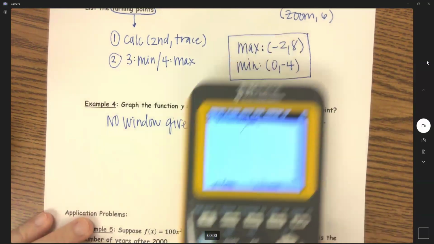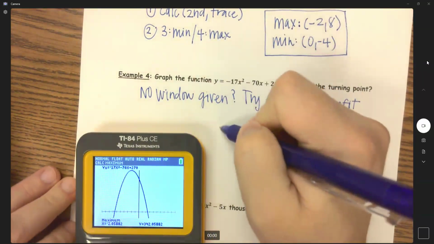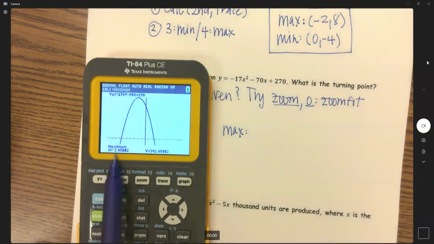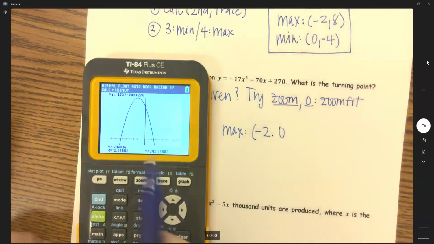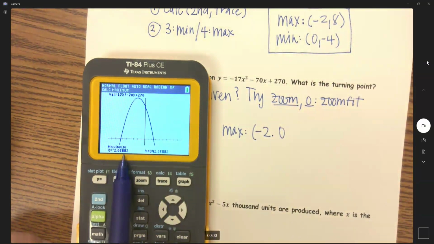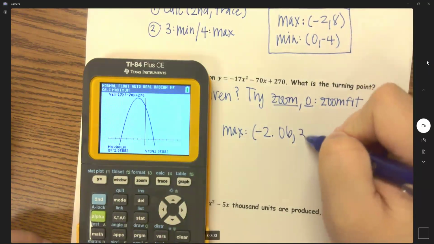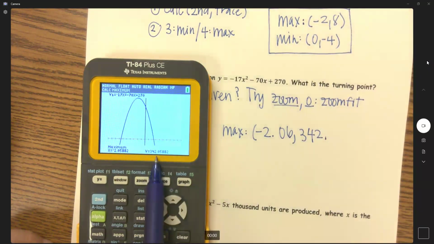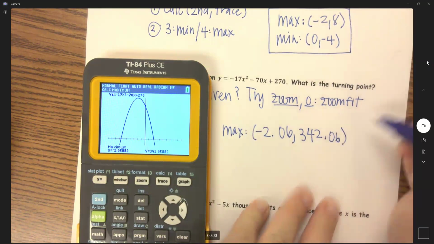Doesn't tell me how to round. MyMathLab will, of course, tell you how to round. So for us, let's just go to maybe 2 decimal places. So if I go -2.06, that 8 makes that 5 go up to a 6, comma, 342.06, again, that 8 makes that 5 round up to a 6.